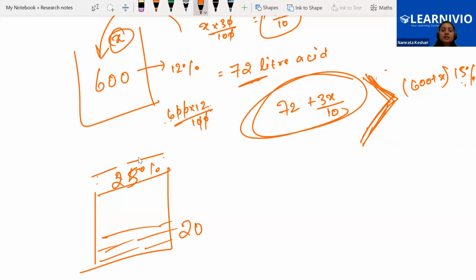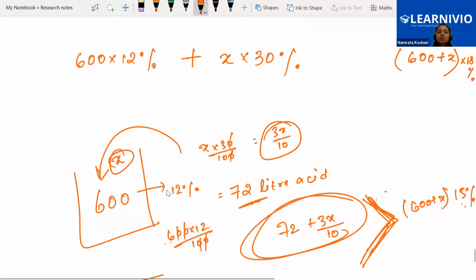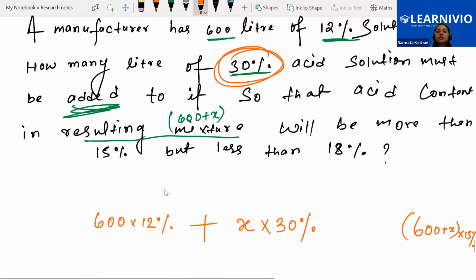Now they have added X, and on this 20 plus X you are getting 25% extra. Are you getting it? Yes, ma'am. Okay, so this is the scenario. Ali and Sajid, is it clear or not? Yes, ma'am. Clear.